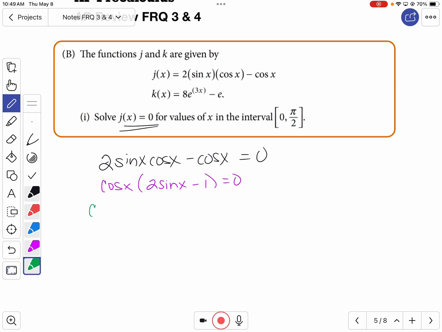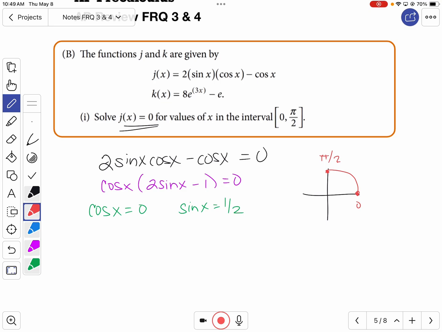If I can factor it, then I'm one step closer. So I have cosine of x is equal to 0, and then that would give me sine of x is equal to 1/2. Now, we're going to go back to our unit circle, but here's the beautiful thing. It only wants me to solve it from 0 to pi over 2. So anything outside of that first quadrant, I don't have to consider.